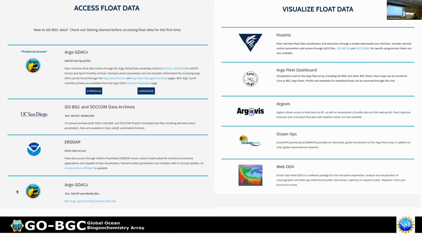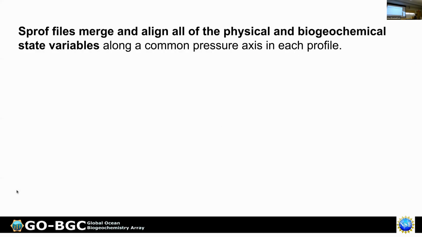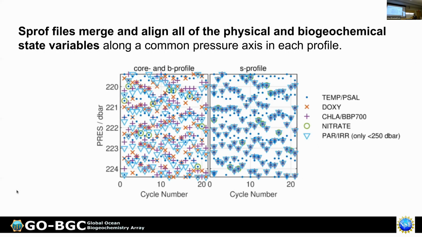But I did want to say one thing, which is that you may have heard this thing called an SPROF file. That's what you get when you go to the Argo data system and download BGC Argo data. There are many different options. We can talk about the details of what those options are, but really for using the data, what you want is the SPROF files.